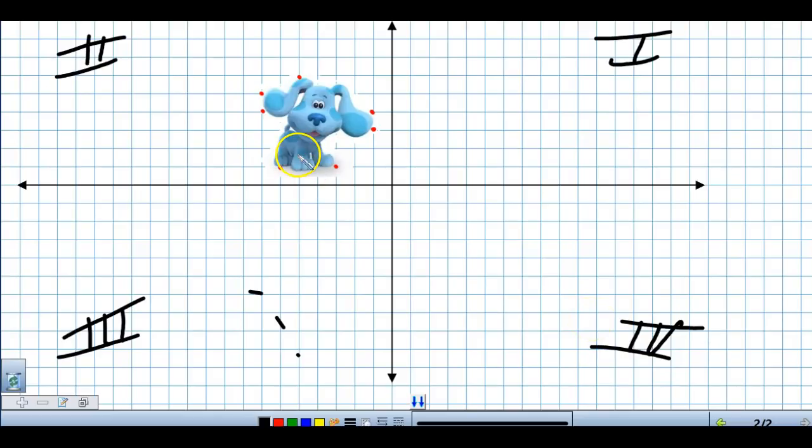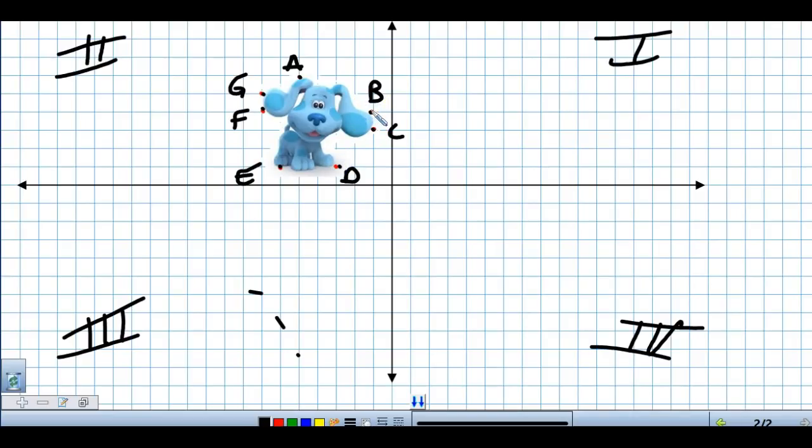Okay, now let's start labeling some of these points that I have located on her. That's point A, B, C, D, point E, F, and G. And remember, when we're using points on a coordinate system, we're using capital letters. This is where those capital letters come into play, ladies and gentlemen, in math.